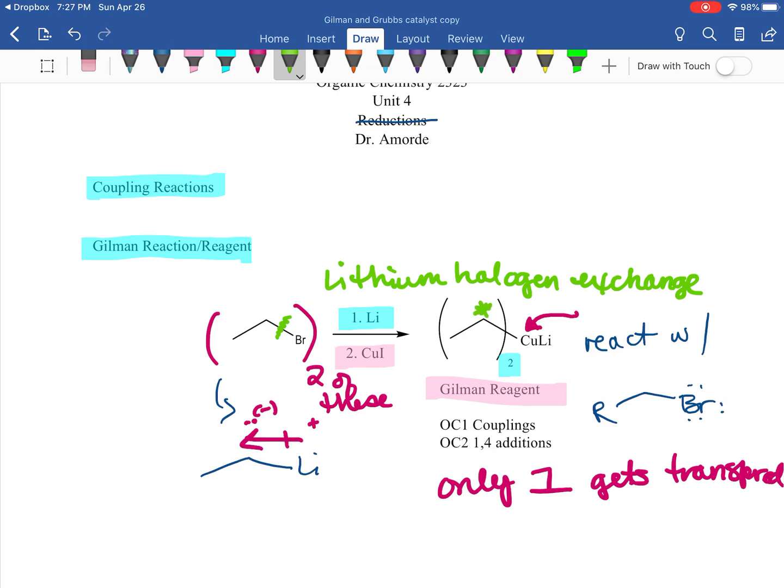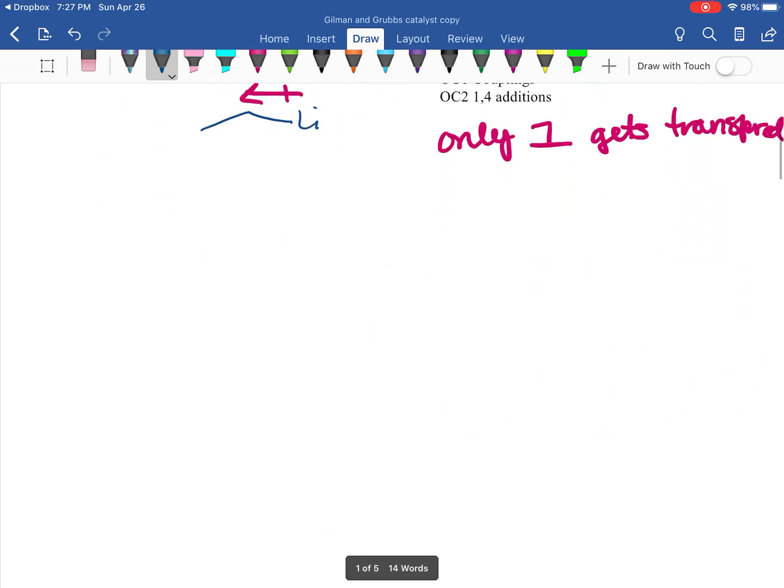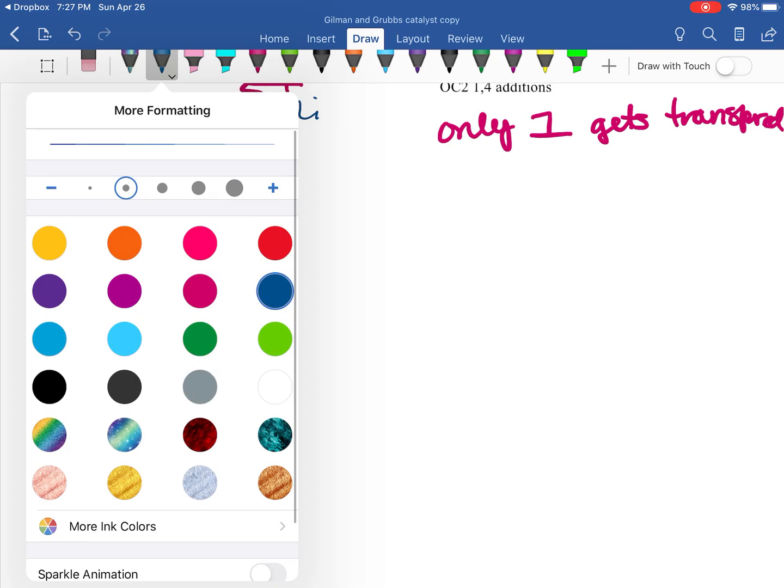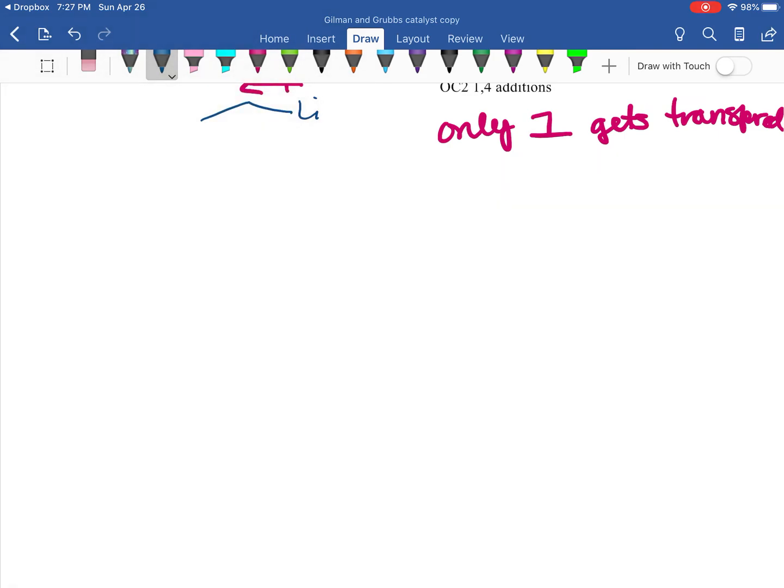Only 1 gets transferred in our coupling. It's a little sneaky with the 2, but also keep in mind that what gets transferred will be this whole group, but we're going to react on that carbon. You'll see what I mean in a second.